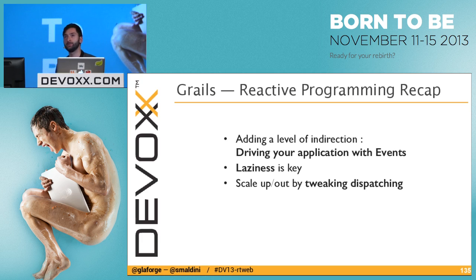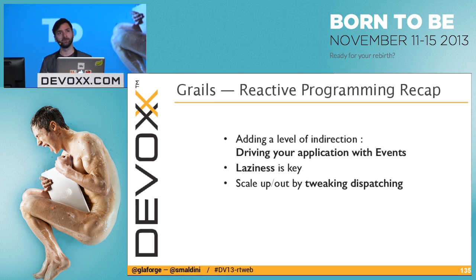Laziness is key because you want to execute things only when the input is available. You don't want to block. Laziness is a synonym for non-blocking programming, basically. And well, at some point when you want to switch the kind of dispatcher you have to accept more data, you start with a simple dispatcher or even a synchronous dispatcher, you know.